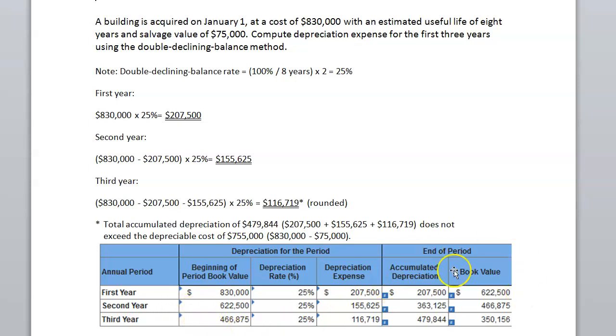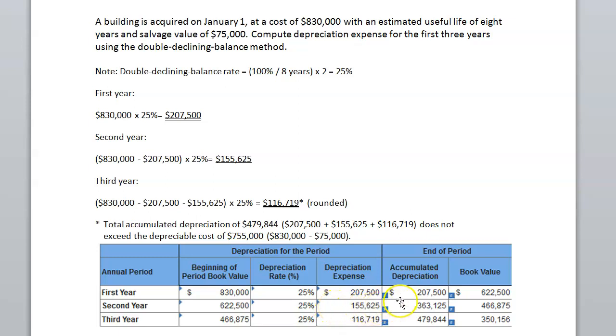For the second year, it's going to have this beginning book value equal to the end of the previous year. So $622,500, again times 25%, you can see the 25% is not going to change. What does change is the book value we're multiplying it by. So 622,500 times 25%, we get depreciation expense of $155,625 in the second year.